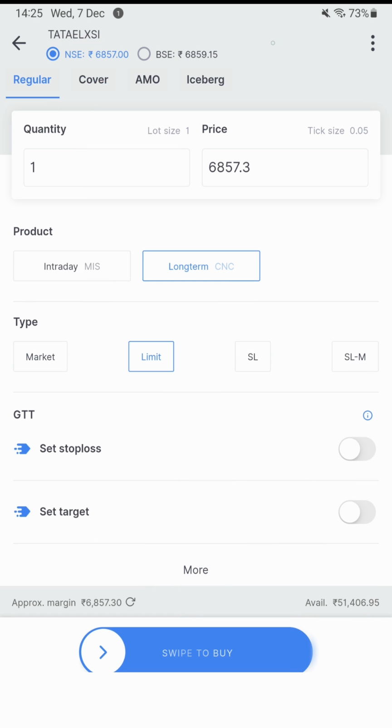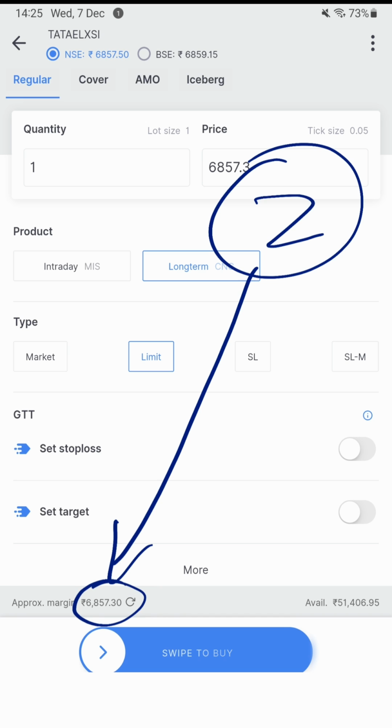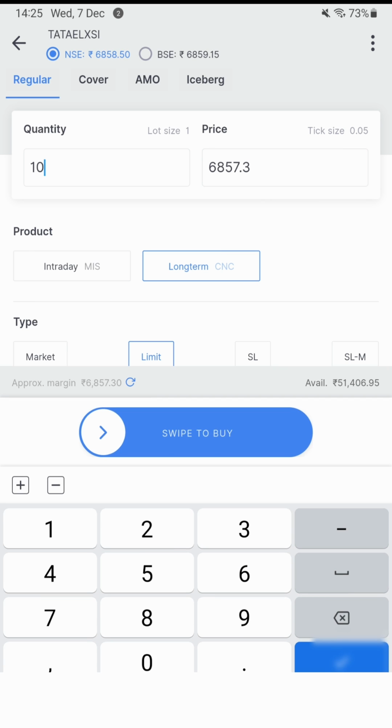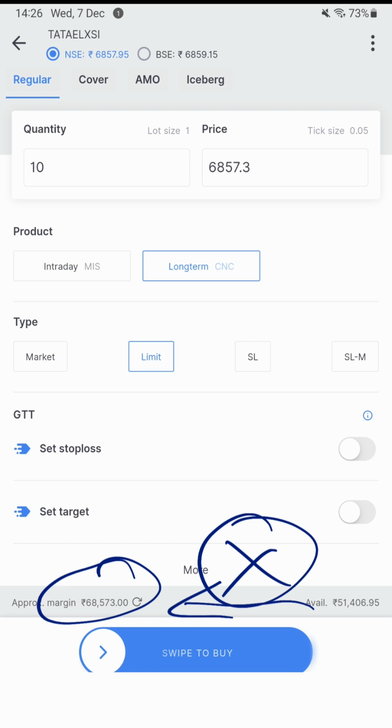In this case, Zerodha says, okay, you're taking an intraday trade, so instead of paying the full money, which is 6,857 over here, when you select intraday, I will let you put up less money. For example, if I want to buy 10 quantities of Tata LXC for long term, you will notice when I refresh my margin, I do not have sufficient money to take this trade.